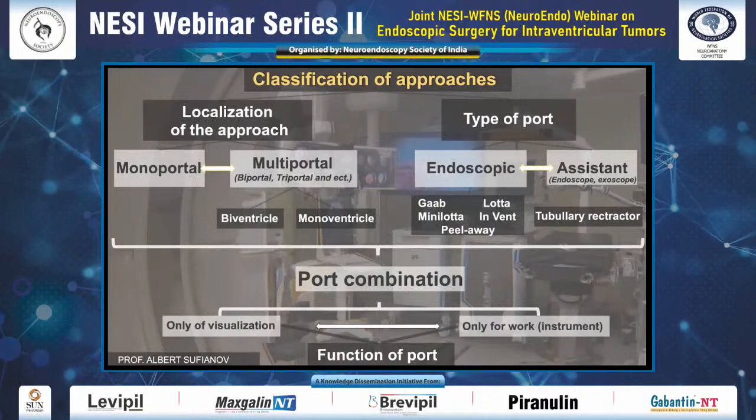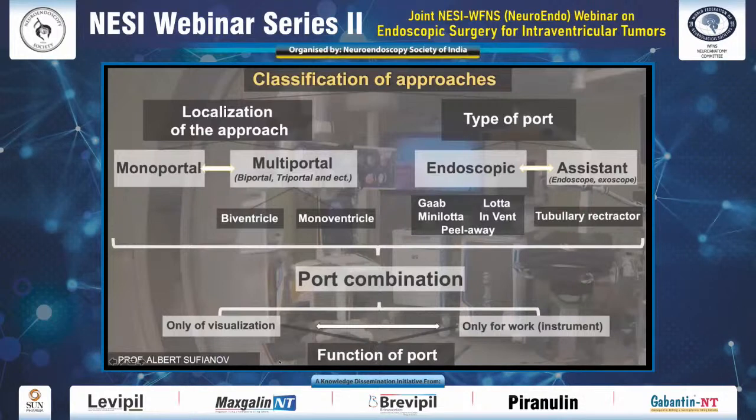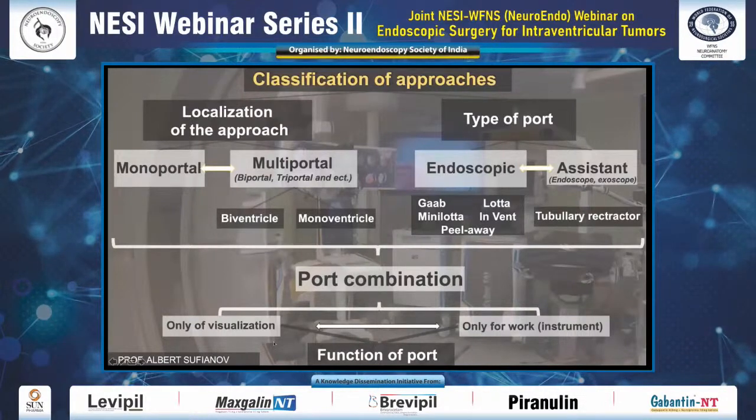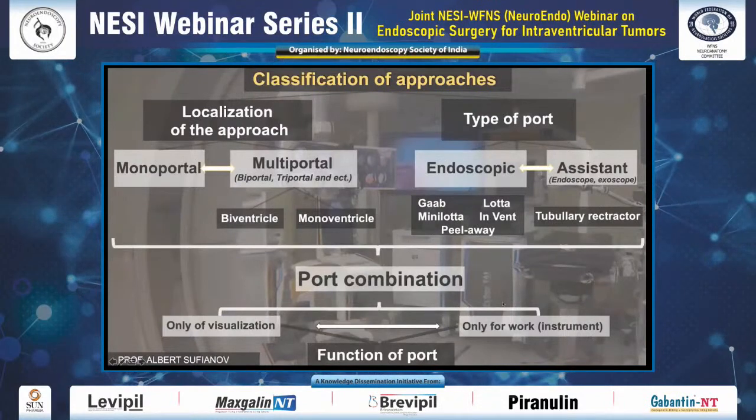Another option is the function of the port. A port can be used only for visualization, as we standardly do, or only for work.